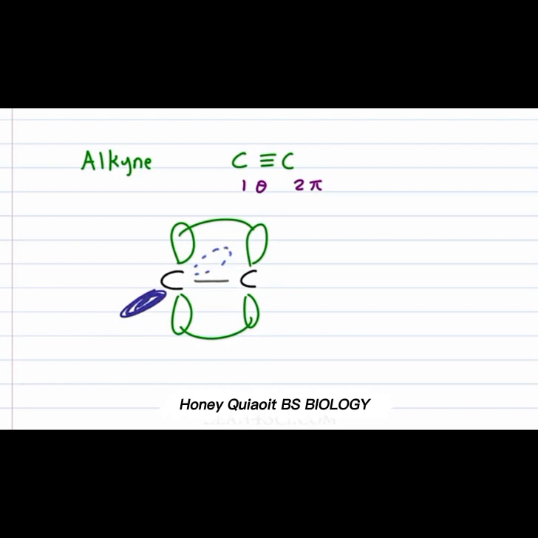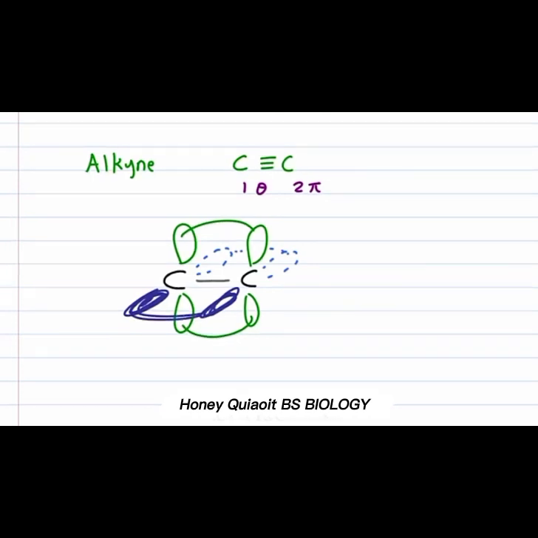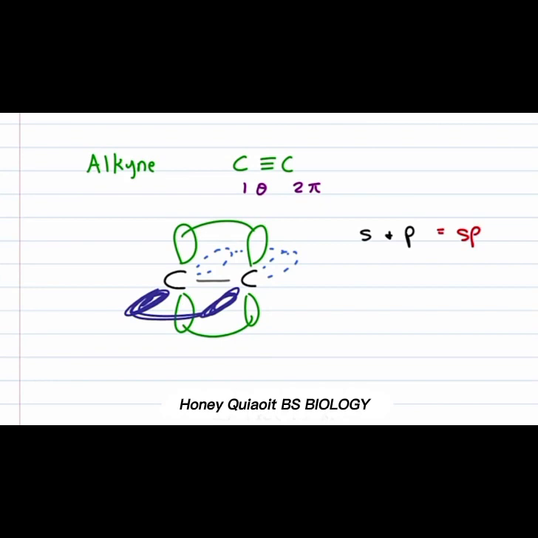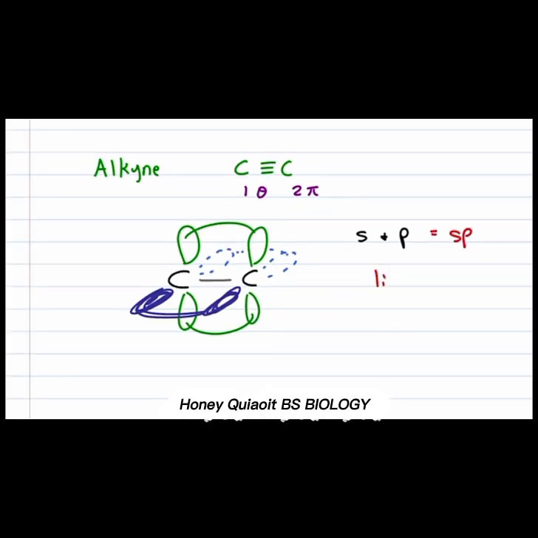When they overlap, we get the pi bond in the z plane. The carbon has four orbitals, saving the py and pz orbitals for pi bonds. We are left with just one s and one p that fuse together, making an sp hybrid, making the alkyne a linear molecule with a 180-degree bond angle due to the sp hybridization.